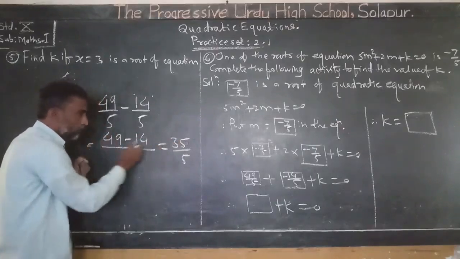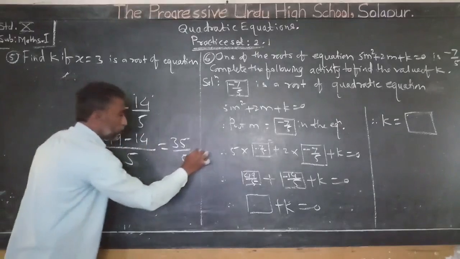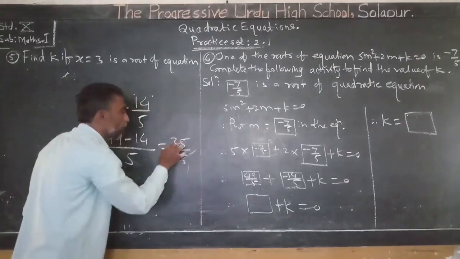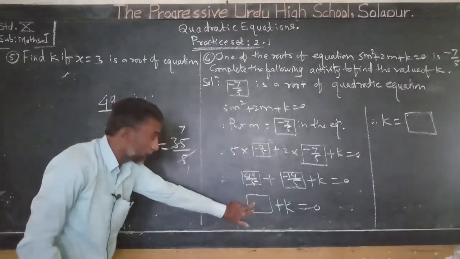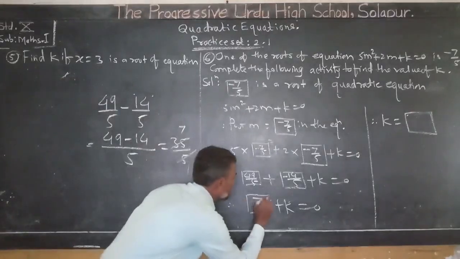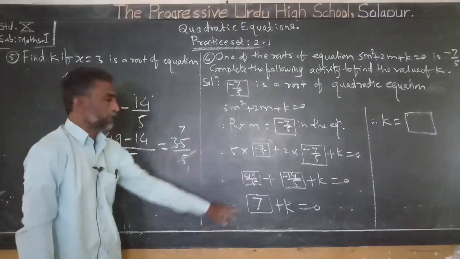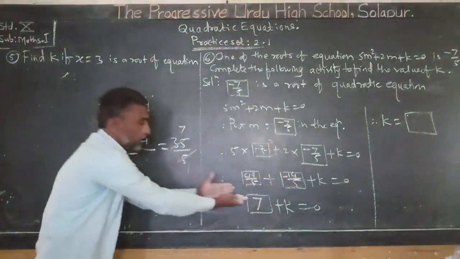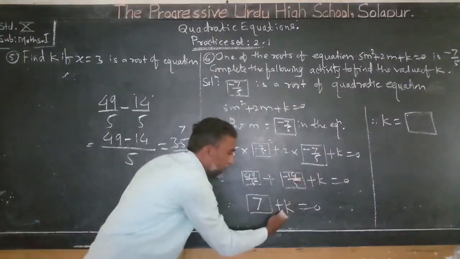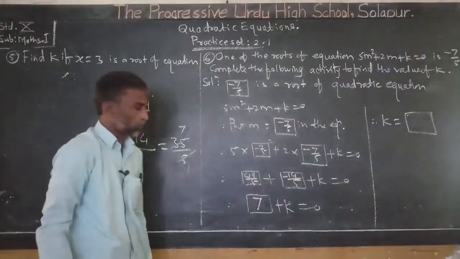So the numerator will be 35 upon 5. 5 ones are 5, 5 sevens are 35. So the answer in this bracket, 7 should come. So write 7 in this bracket, plus k as it is equal to 0.